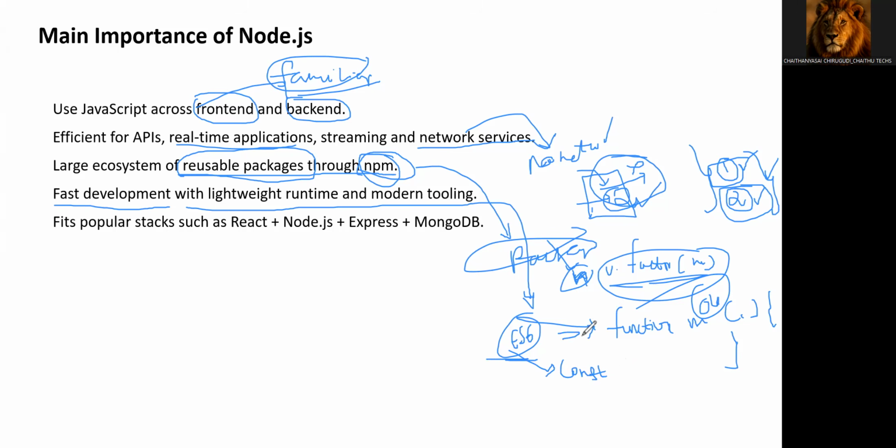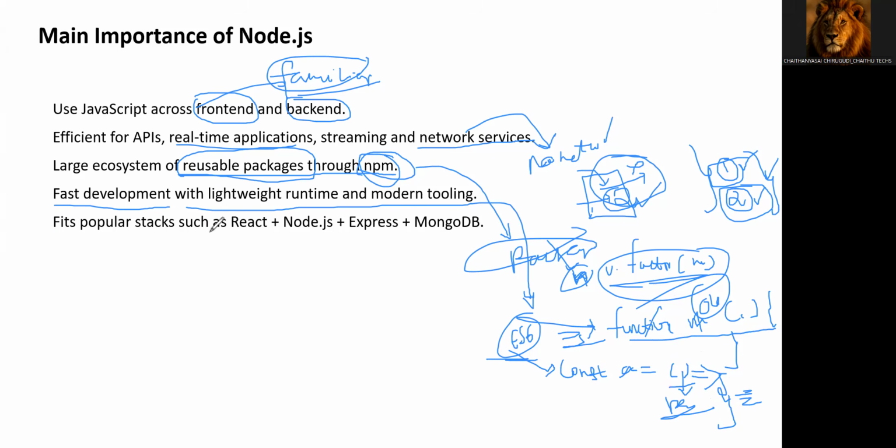In JavaScript we write const a is equal to, there is no function name, just brackets, an arrow and brackets, and we can write the logic. Here we can pass the parameters. So this is modern tooling: instead of a function name and parameters, it is just a variable, brackets and parameters.